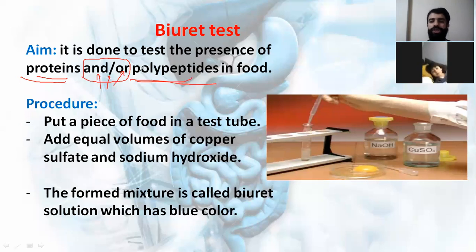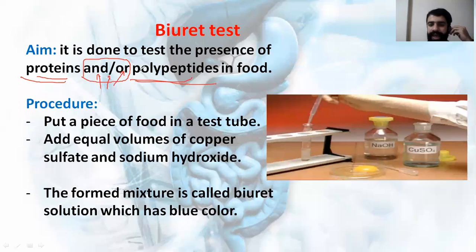So the procedure is to put a piece of food in a test tube. Add equal volumes of copper sulfate and sodium hydroxide. What is copper sulfate? Copper sulfate is CuSO4. Sure, I won't ask you about the formula.